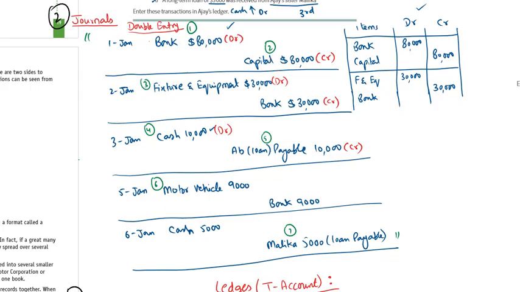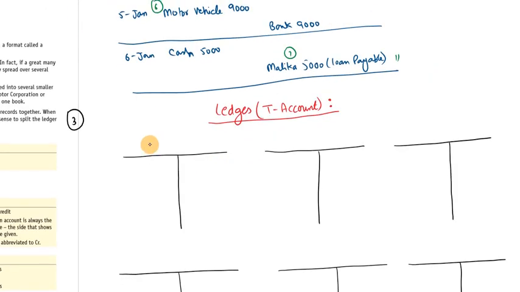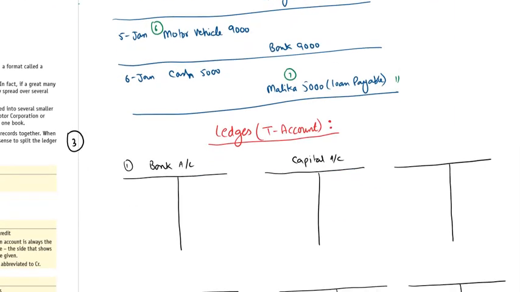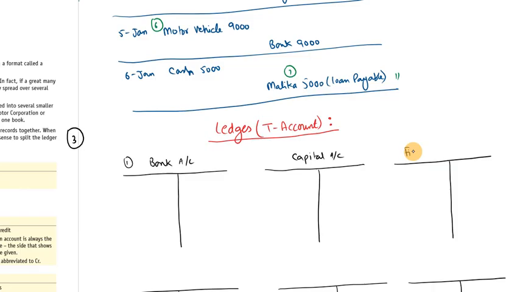Bank account, capital account. So number one is bank account. Second one is capital account. Third one is fixture and equipment account.